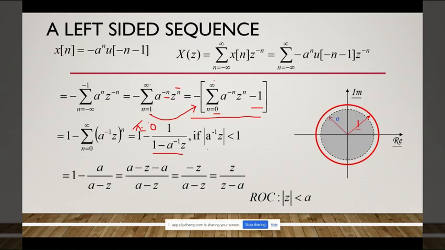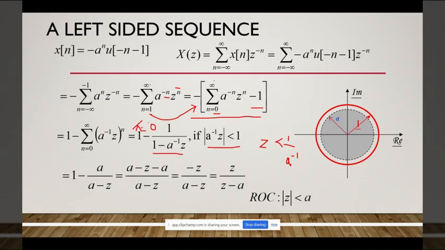Otherwise, we can take it like this. It should be less than 1 for a finite value. So if we take this, z less than 1 by a inverse. Otherwise, we can say z less than a. So this is how we get the ROC for a left-sided sequence.